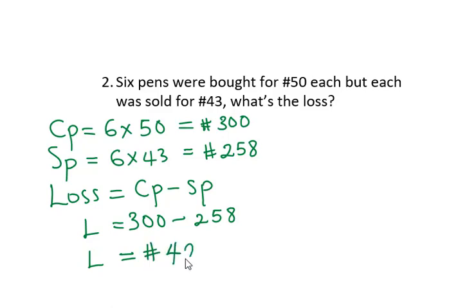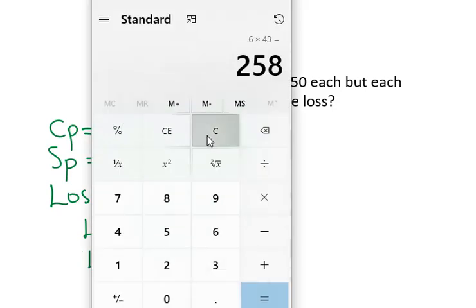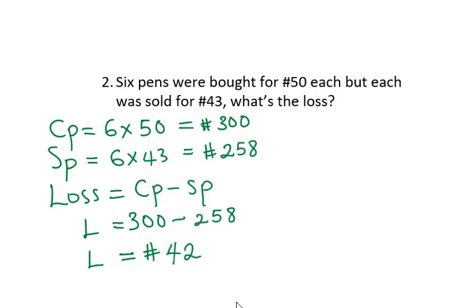So we lost 42 naira from this business. Let's check: 300 minus 258 is 42. This is very simple. Pay attention to details, figure out your cost price, get to know your selling price, and know what you are asked to find. Here they said loss and we actually solved for loss.